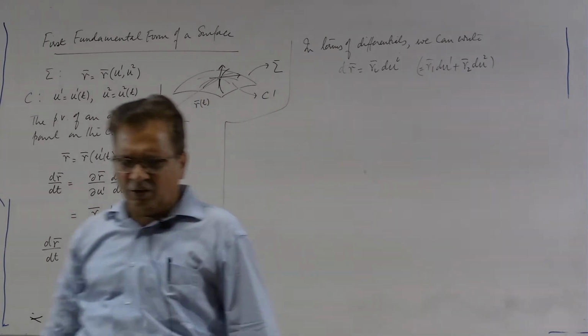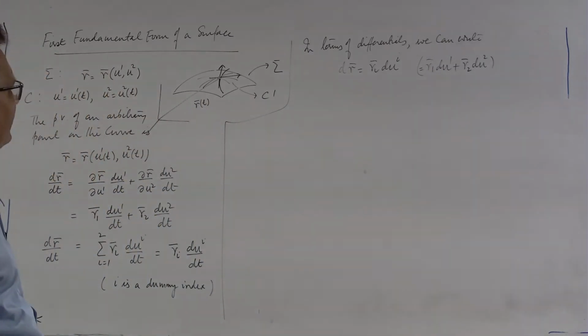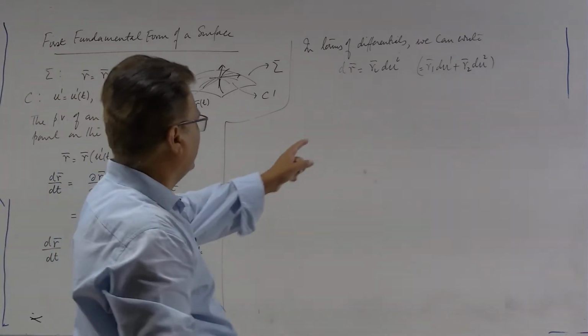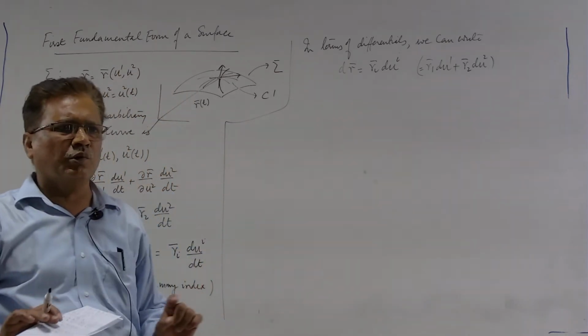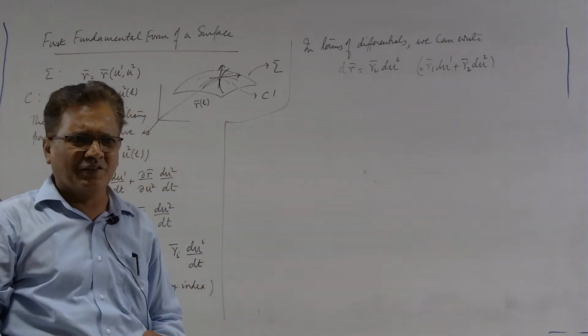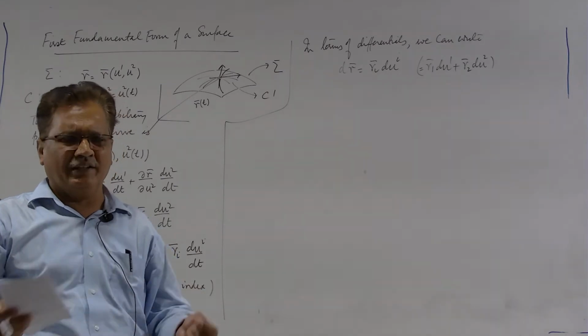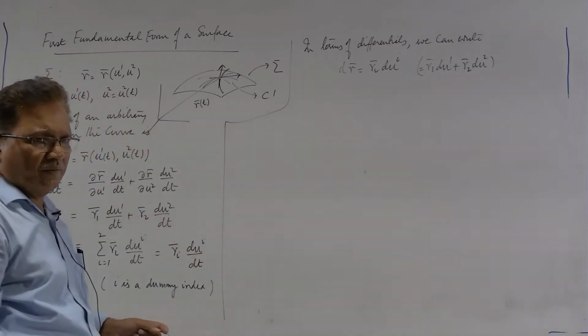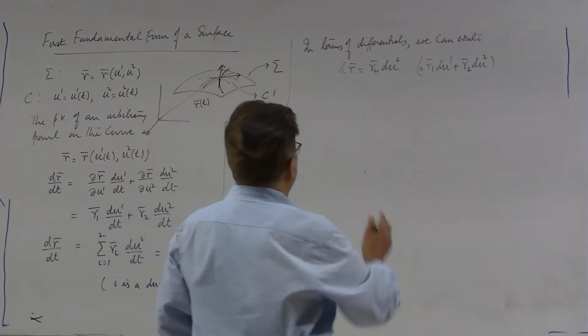Okay. But look at the right side. The right side is a linear combination of R1 and R2, and we had realized earlier that R1 and R2 are both tangent vectors of the surface. So, a linear combination of tangent vectors must be a tangent vector, which you are able to see. So, this dr is a tangent vector.